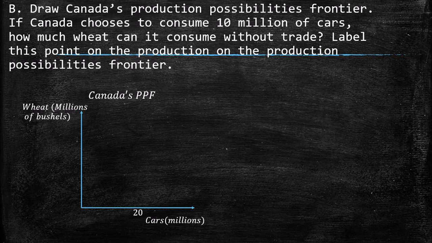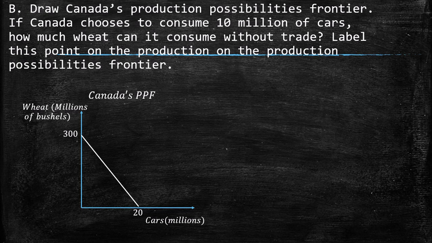So we have 20 million cars if Canada devotes all its resources to just cars. On the other side, we have wheat. So we have the 30 bushels of wheat per worker times 10 million. So we have 300 million bushels of wheat if Canada devotes all its production to wheat.